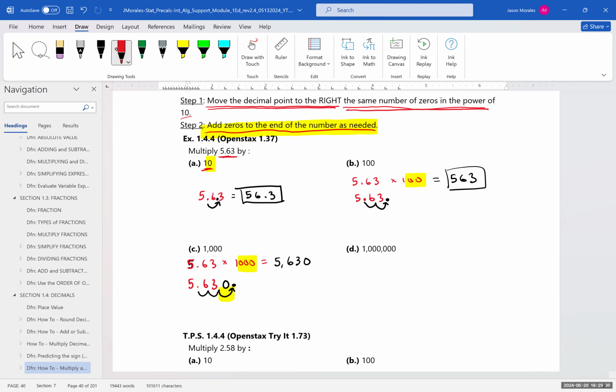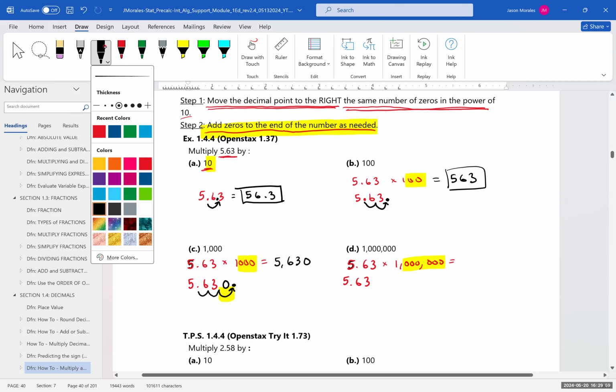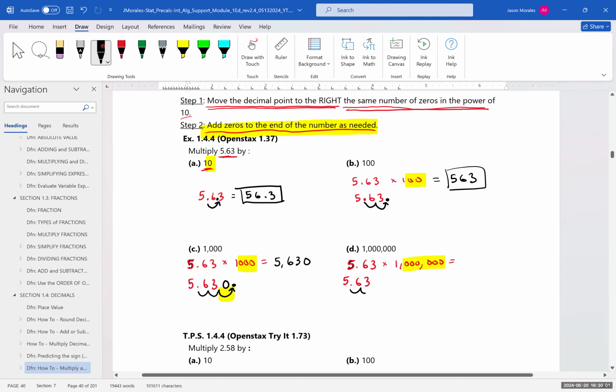All right, so now we have 5.63 times 1 million. All right, 5.63. How many zeros do we have? We have 6 zeros. So that means we're going to move the decimal point 6 spaces to the right. So we're going to go 1, 2, 3, 4, 5, 6, and put a decimal point.